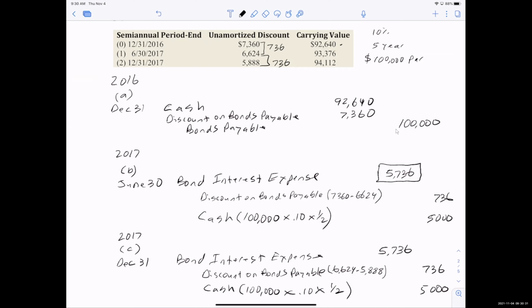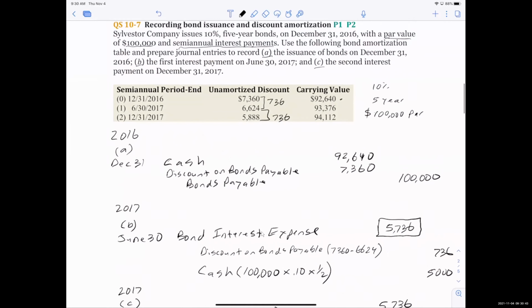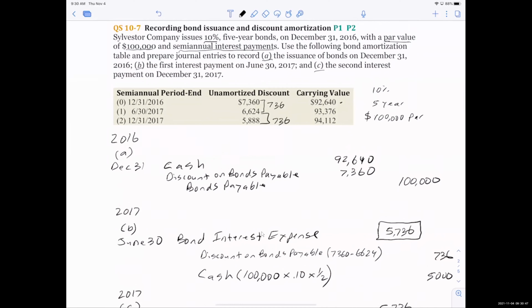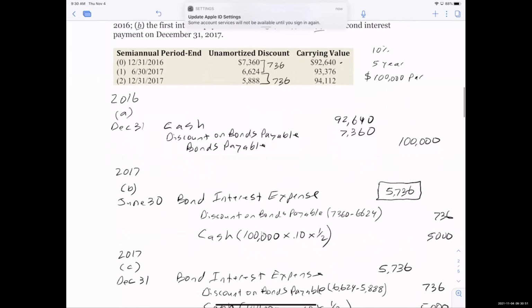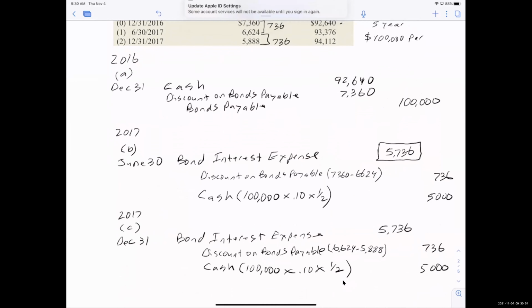Well, we know that the face value of the bond is 100,000. That's what we have to pay back. And that's what the interest is based on. That's the principal. And we know that it's 10%, right? It's up here. And it's for half of a year.